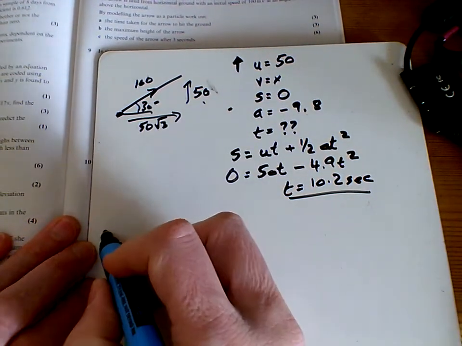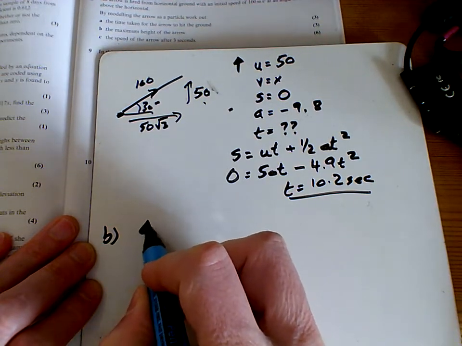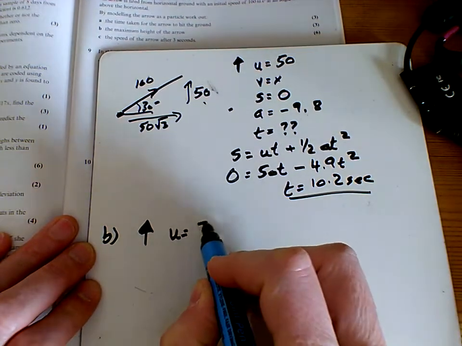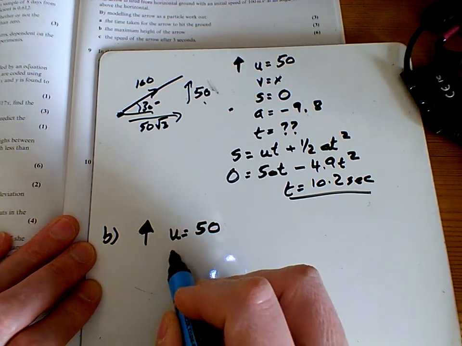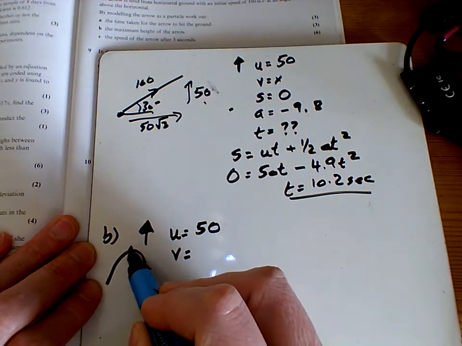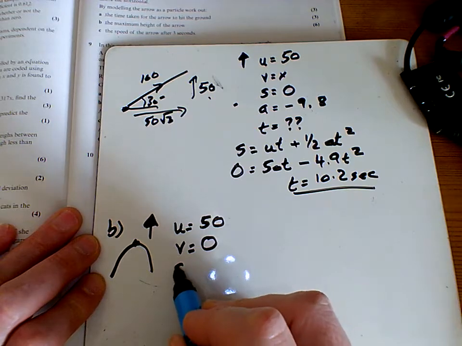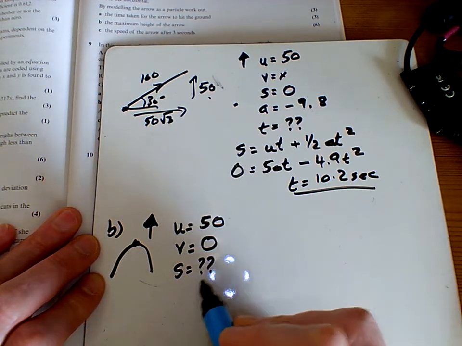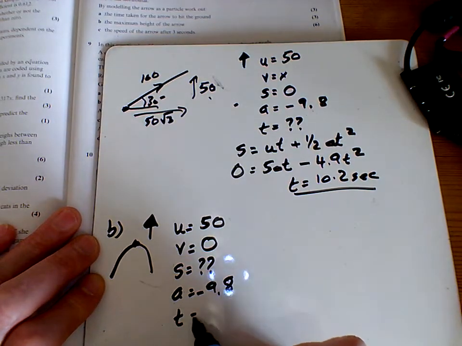Now part B, the maximum height. Well, again we're going vertically. Again we know the initial speed is 50, but at the very top, this is the one where the velocity is equal to 0. s is what we're trying to find out. a is still minus 9.8, and t this time we don't care.